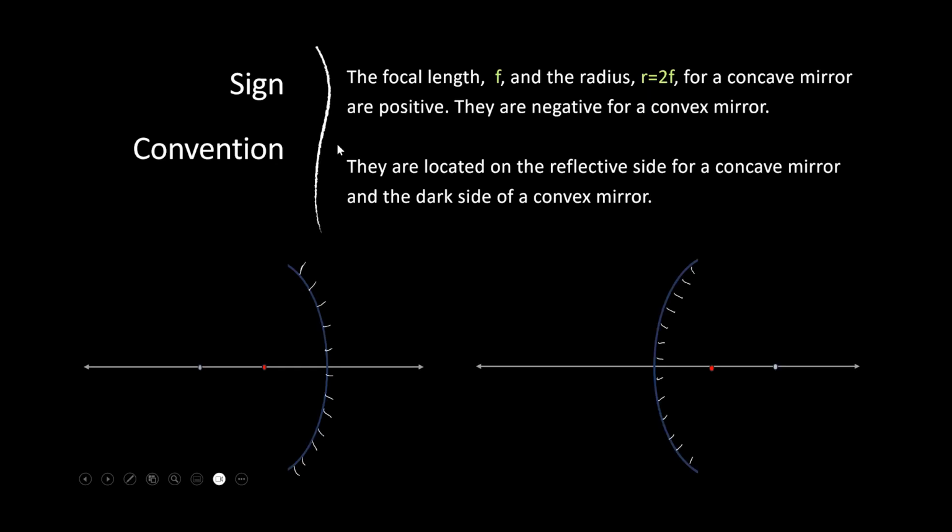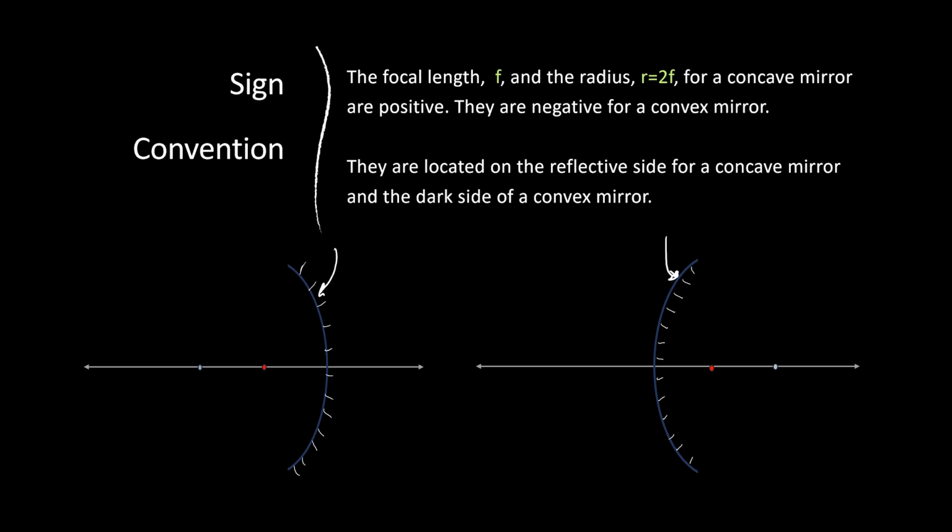So let's talk a little bit about sign convention, similar to what we did for lenses. Here I have both mirrors. The focal length, f, and the radius, r, which is 2f. These shapes are made from parts of a sphere.